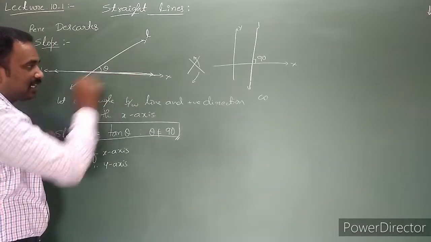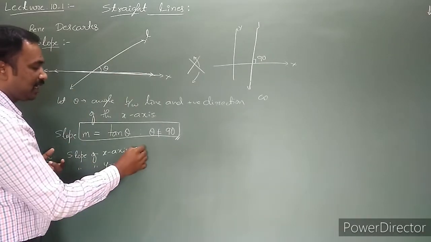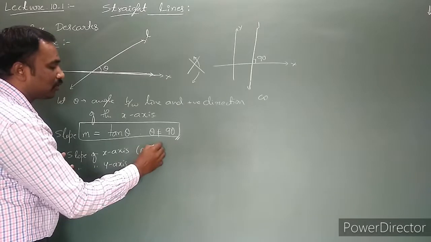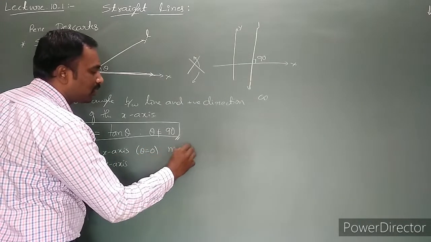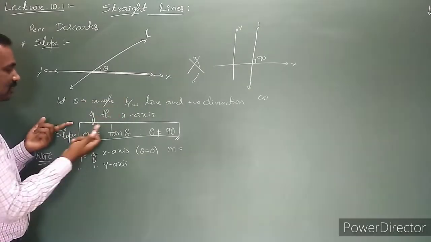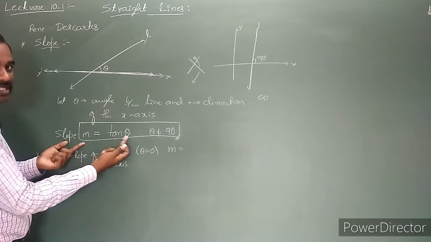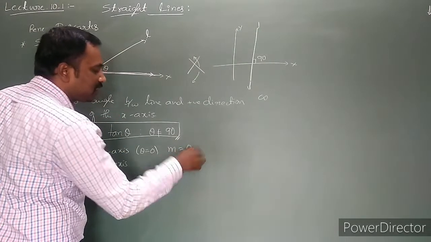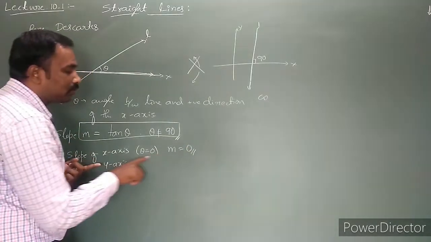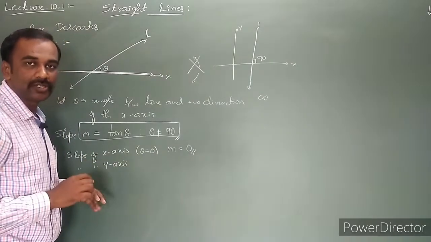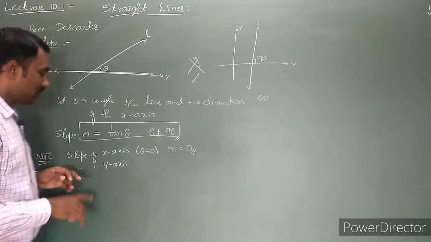Angle between the line and the x-axis is 0. That is, theta is equal to 0. If theta is equal to 0, what is the slope of the x-axis? By the formula, tan 0. What is tan 0? Tan 0 is 0. Therefore, slope of the x-axis is 0.